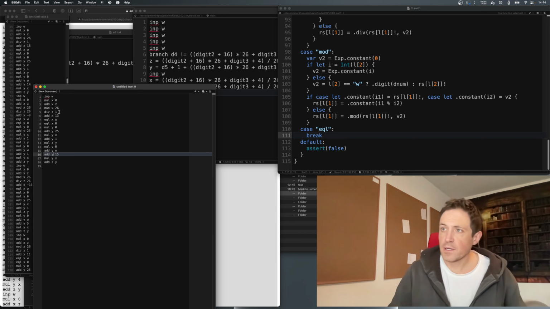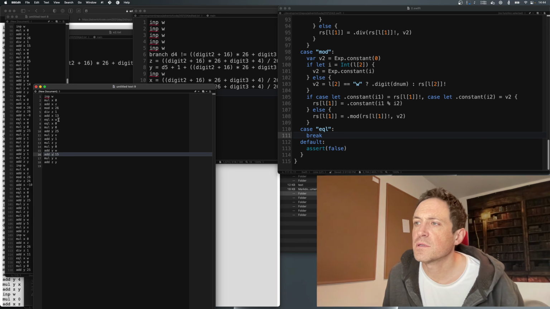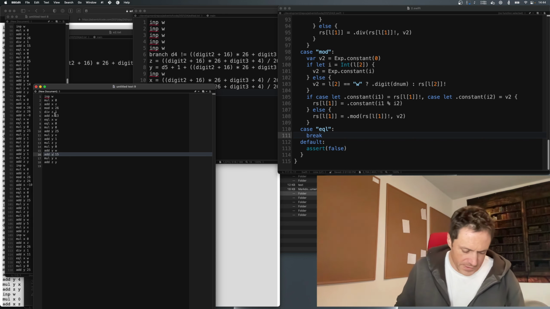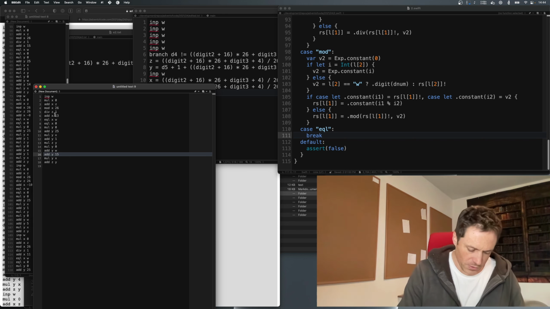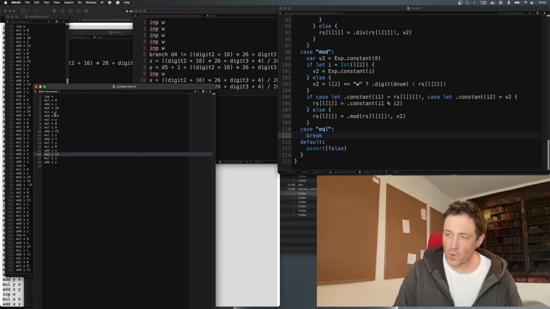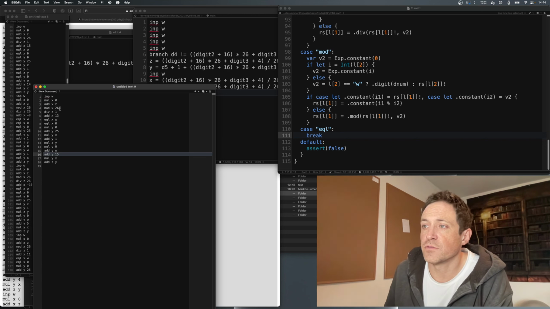So in the previous ones, we had been dividing z by 1, and now we're dividing z by 26. So z over 1, over 1, over 1, over 1, and now it's over 26. So that's interesting.